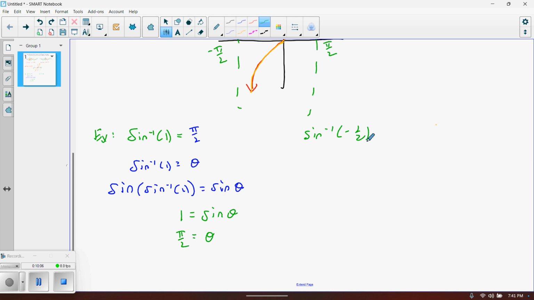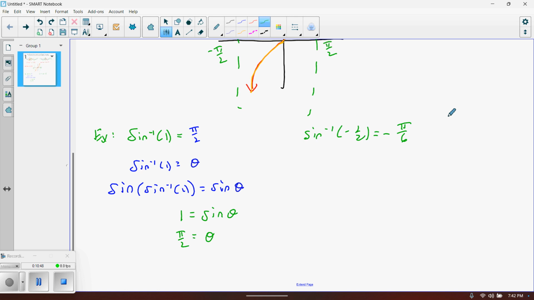My thought process personally might be slightly different than everybody else's, but the first thing I'm saying is, okay, it's producing a negative value, which means it's going to have to be in the negative first quadrant, or in between negative pi halves and 0, because it can't be first quadrant, everything's positive there. So then I'm going to ask myself, where is sine going to normally give me 1/2? What's that reference angle? And again, this is the first one that I chose to memorize. That's at pi sixth. But it can't be at pi sixth because that's first quadrant. So we know it's got to be negative pi sixth, since it has to be in that negative first quadrant to produce the negative 1/2.